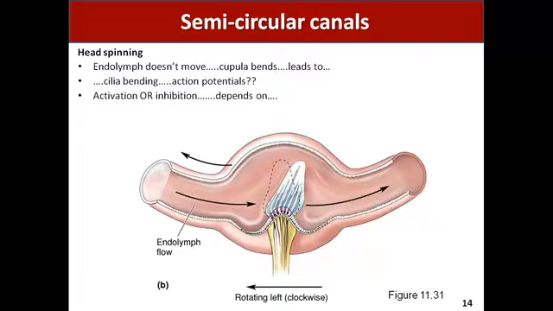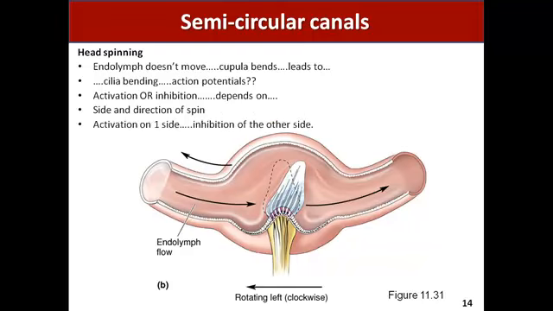If it generates an action potential, it's activated. If the bending is in the opposite direction, those kinocilia will be inhibited, so a hyperpolarization is induced on the kinocilium. And this depends on the side of the head and the direction of the spin.